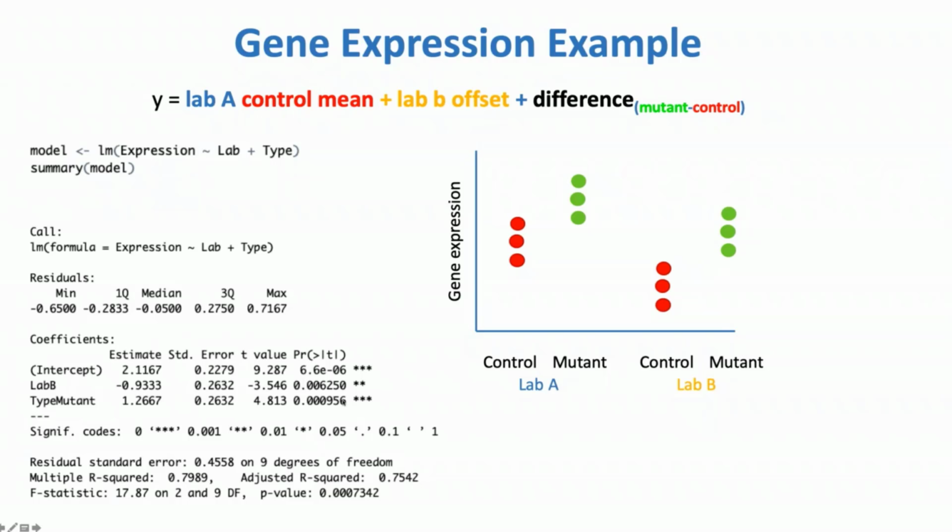This value tells us how much our prediction improves if we add the information of the mutant type to the model. In this case, we would only use the intercept and the lab information to predict the gene expression. So this would get us some significant information, but then by adding the mutant type, we get a much better prediction of the gene expression.